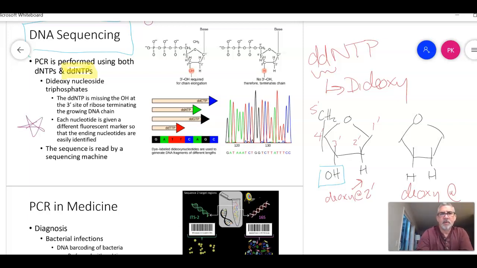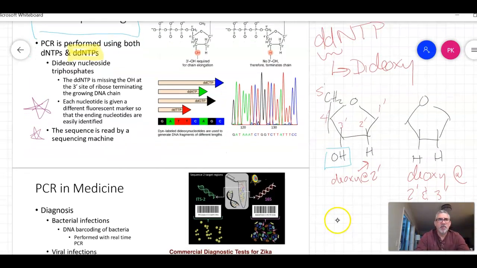And then, like, A is green, red is T, blue is C, and black is G. So these spikes on these spectrophotometers will go ahead and give us the sequencing, and that's done by machines, right? So you don't have to do that by hand. The spectrophotometer will read those.